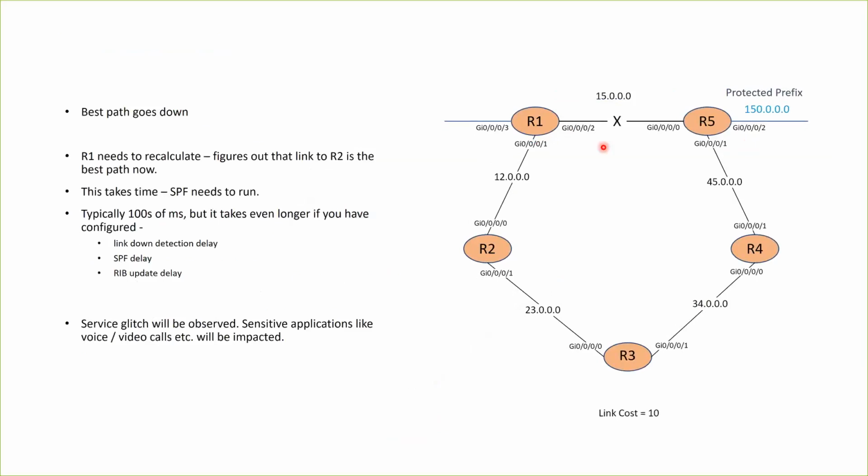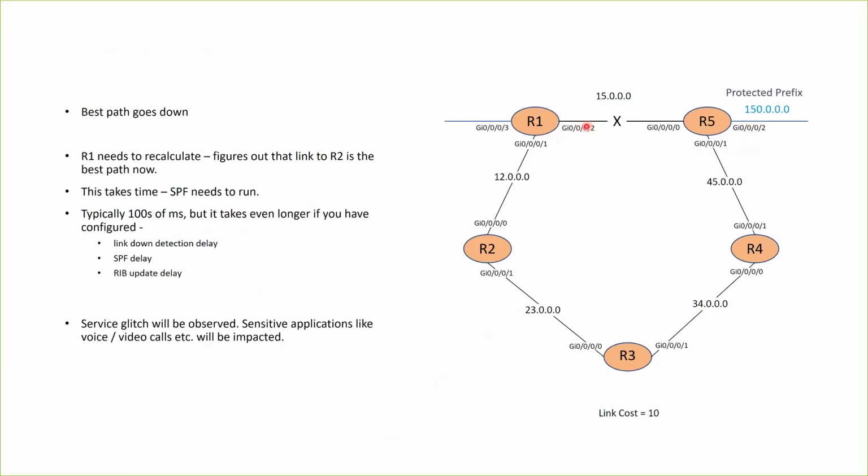R1 needs to run SPF again. It might take a few hundred milliseconds, and then it has to figure out that the R1, R2 path is its best path now. Then it has to generate that update and send it to R2.